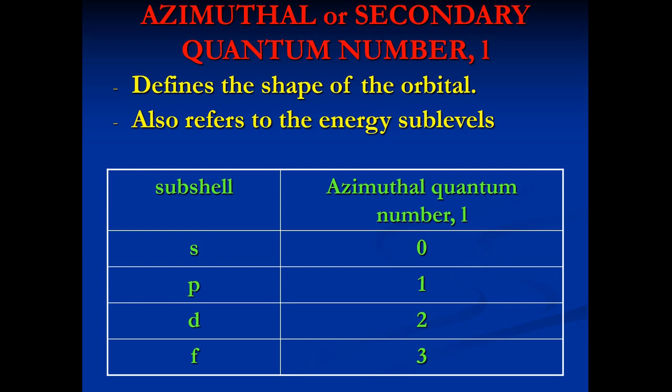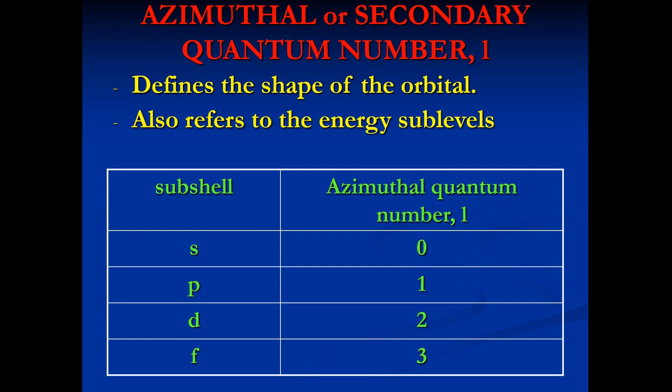For example, if I ask you for the principal and azimuthal quantum numbers of the 11th electron in sodium, what you will do is write the electronic configuration of sodium using SPDF notation. That is 1s2, 2s2, 2p6, 3s1.